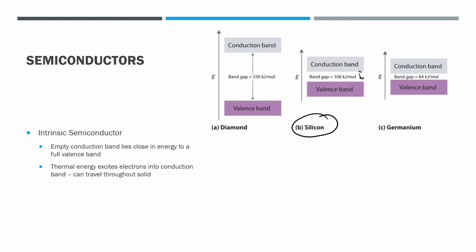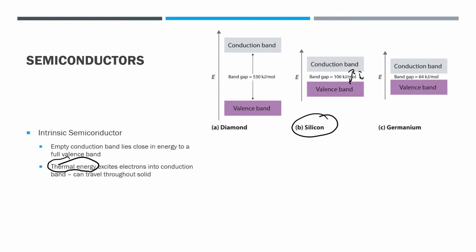So what's interesting with semiconductors is that because this band gap is small, thermal energy can excite electrons into the conduction band, and therefore the electrons are conductive and can travel through the solid and conduct electricity, all that good stuff.